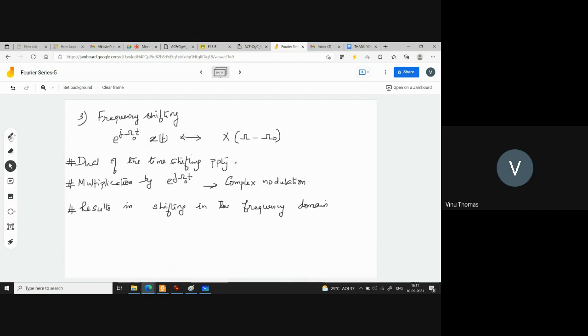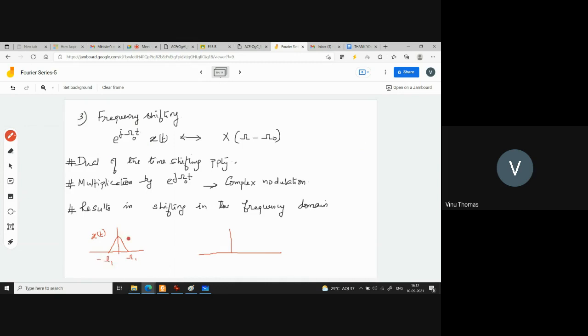Say, for example, if this is the spectrum for x of t, and I put this as omega 1 and this as minus omega 1.